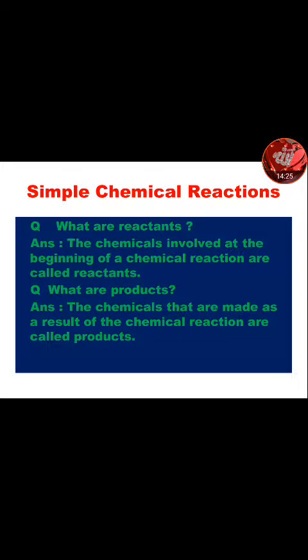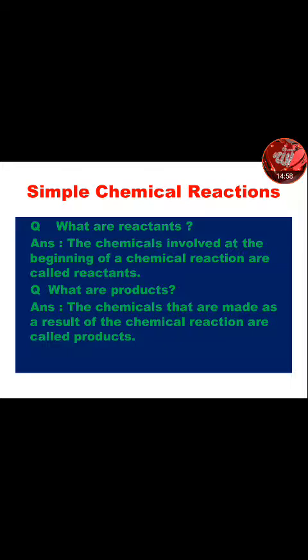The chemicals involved at the beginning of the chemical reaction are called reactants. For example, iron and sulfur are involved at the beginning of the chemical reaction, so these are called reactants. And the iron sulfide is the product.